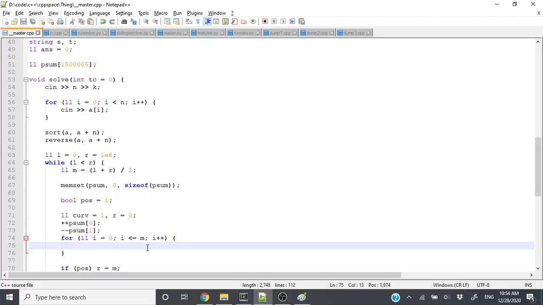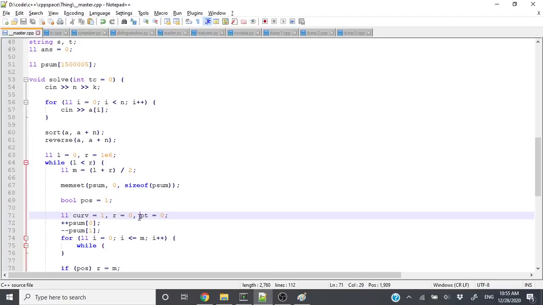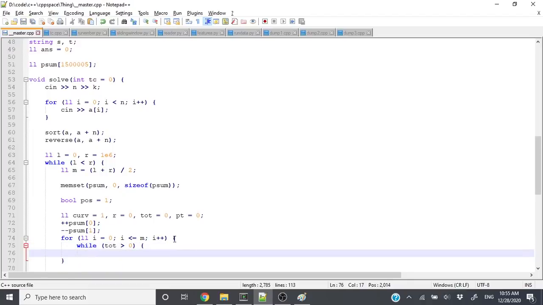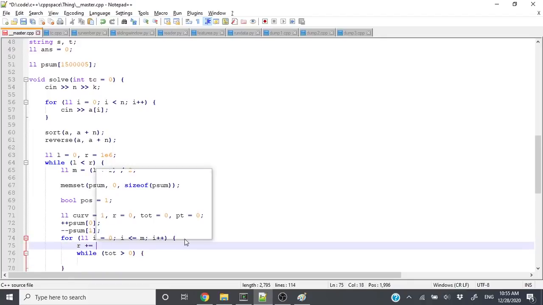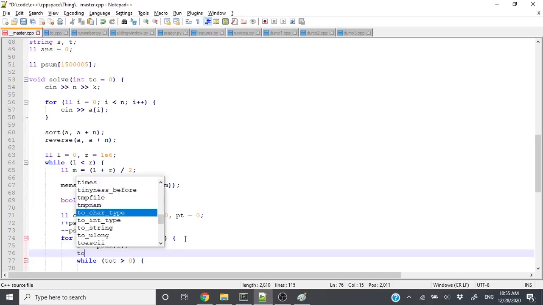So let's see. While, let's say r plus equals psum i, tot plus equals r.